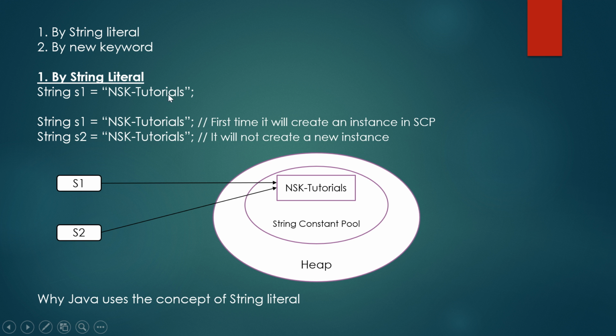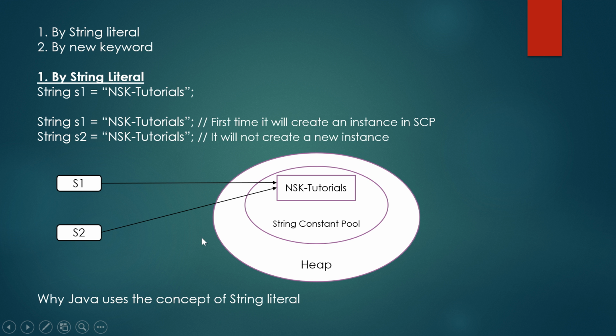When we create a string using a string literal, like String s1 is equal to NSK, it will create this object in the string constant pool area. Then when we create the second reference, String s2 is equal to the same content, it will not create the same instance again in the string constant pool. It will just refer, and s2 will refer to NSK.